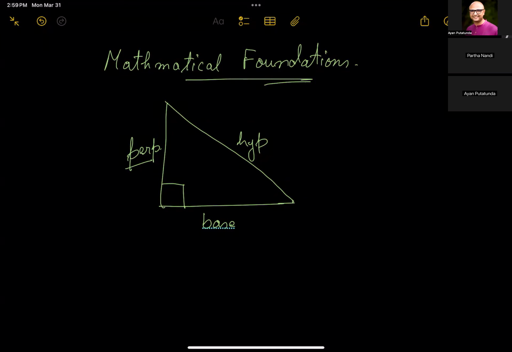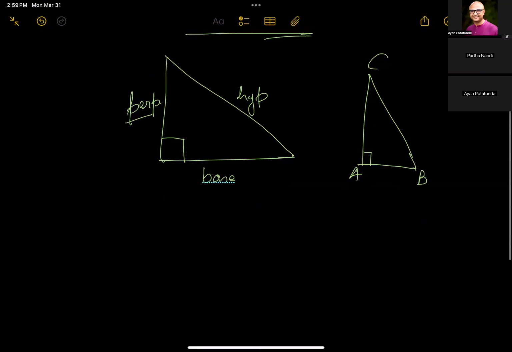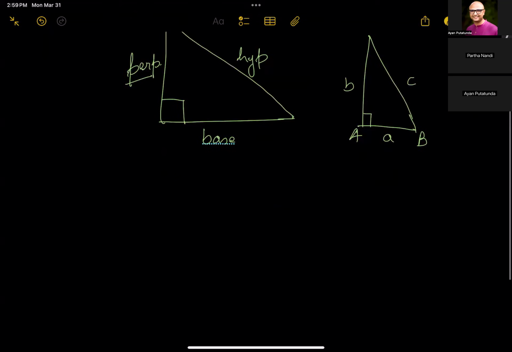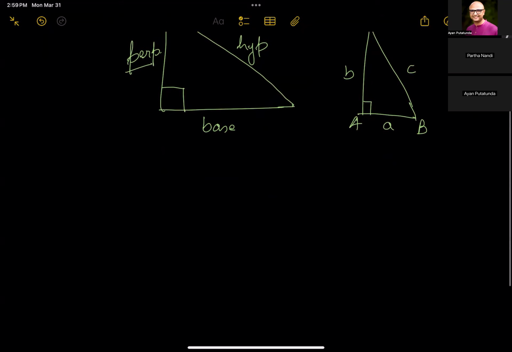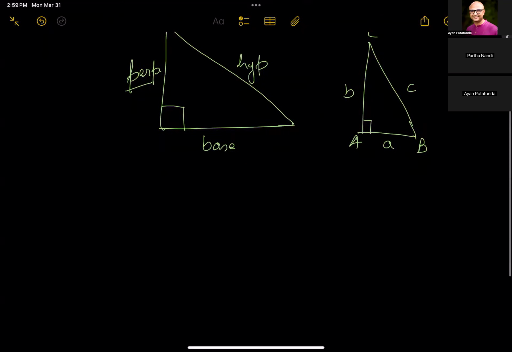If there is a right angle triangle like this, having sides A, B, and C, where this is A, this is B, this is C, what does Pythagoras theorem tell us? Do you remember? Pythagoras theorem tells us C square equals A square plus B square, right?